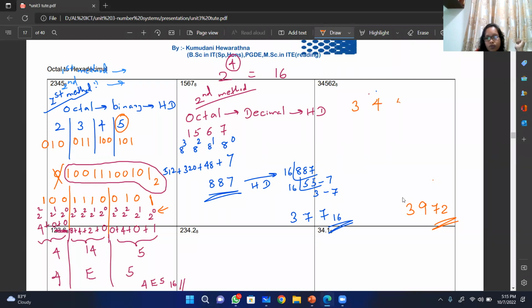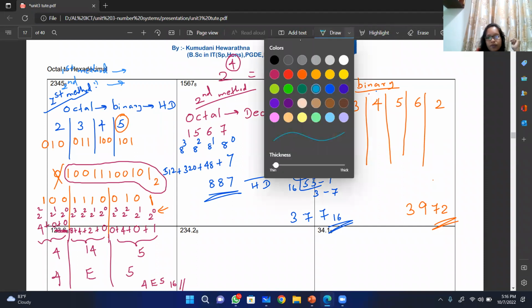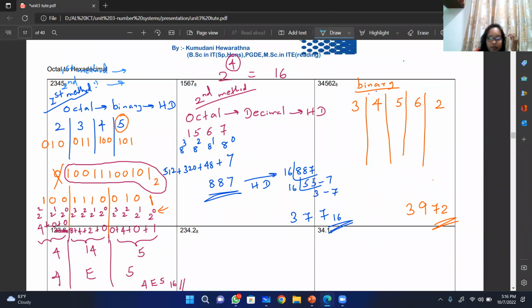3, 4, 5, 6, 2. First, we have to convert into binary now. Shall we ask one by one?